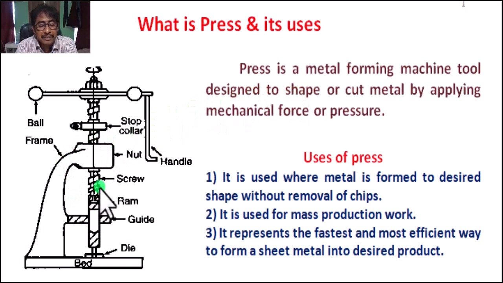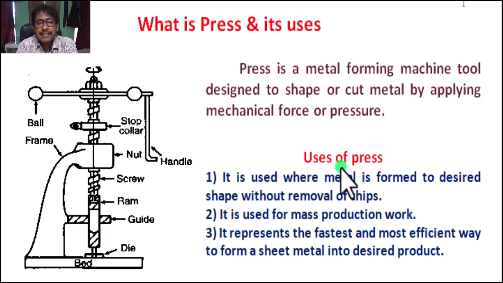The press machine consists of a bed, frame, ram, a source of power, which may be hand operated, and a mechanism to move the ram.